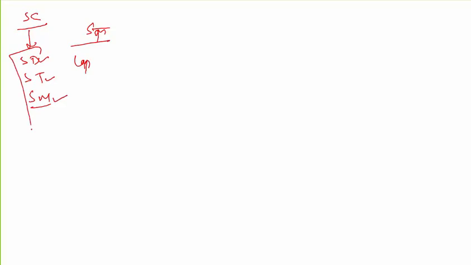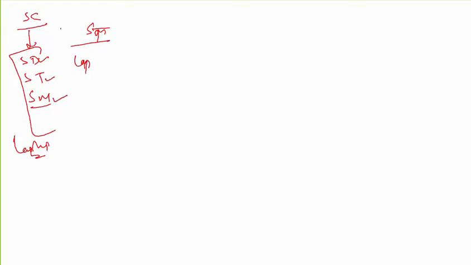Smart View Tracker is the software installed on your laptop? Yes. When you are installing a Smart Console, it has different components. One is SD, one is ST, one is SM: Smart Dashboard, Smart View Tracker, Smart Management. These components are all installed on your laptop. What is SC? Smart Console.